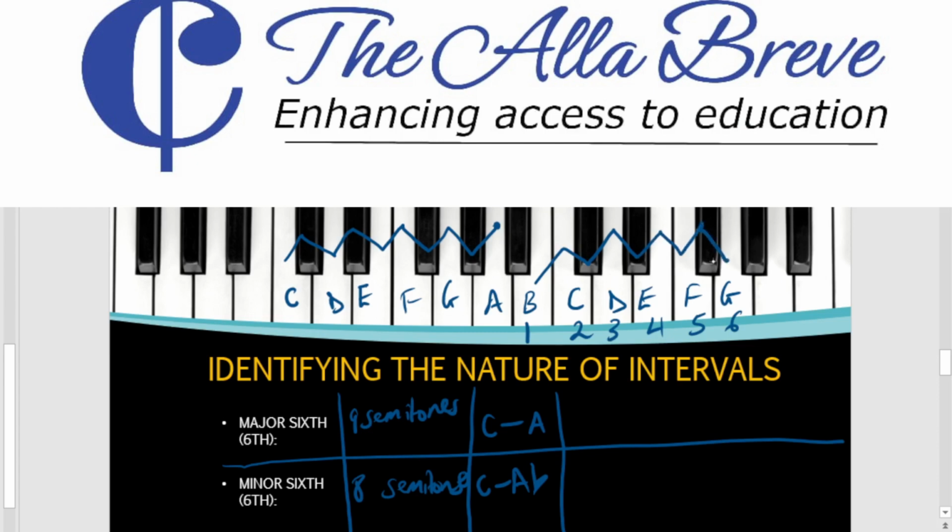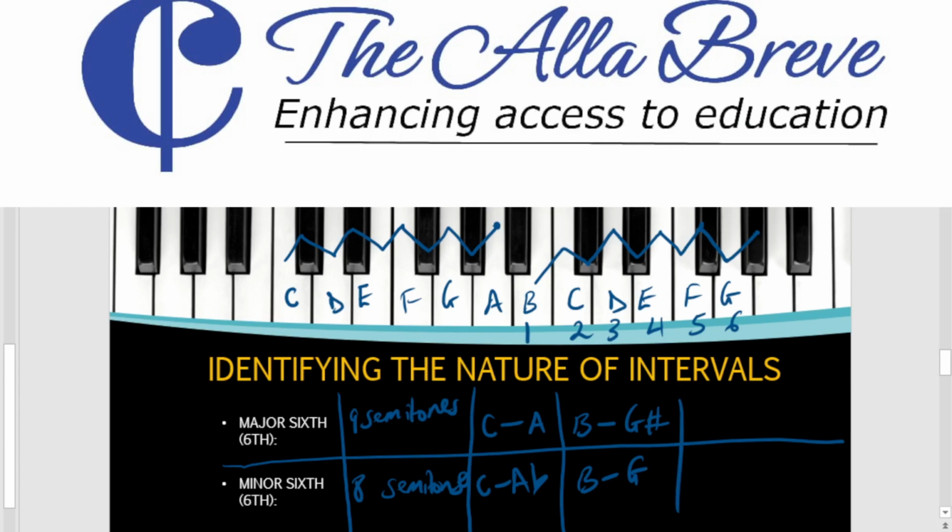Does it end there? No. 8 semitones means we are in a minor sixth. So to make it a major sixth, we add one more semitone and we land on G sharp. But now B to G is a minor sixth.